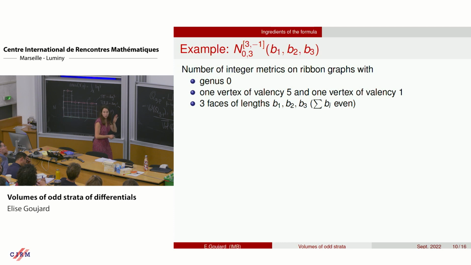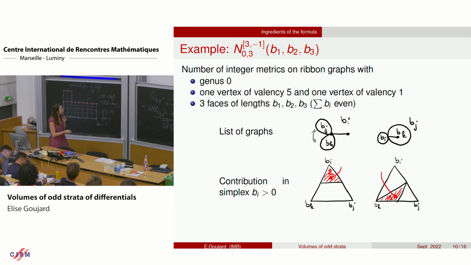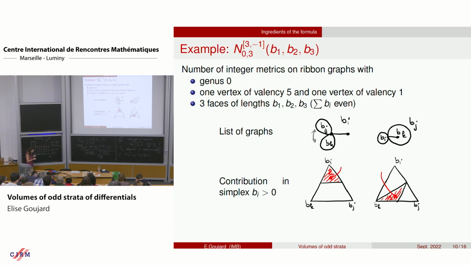If I lost you with the notation before, you can go back here. It's just an example. Let me list such graphs. There are only 2, this one and this one. If you try to draw ribbon graphs of genus 0 with such constraints, you get only 2 graphs. So counting the number of metrics is easy to do. You look at the contribution of these graphs.